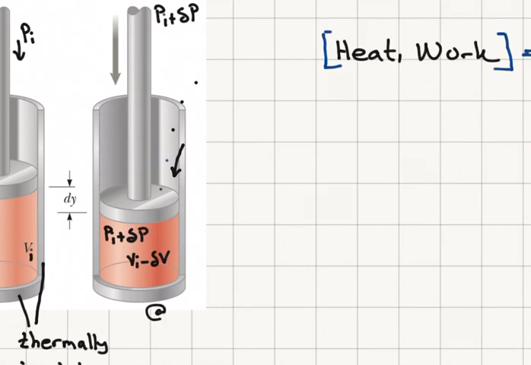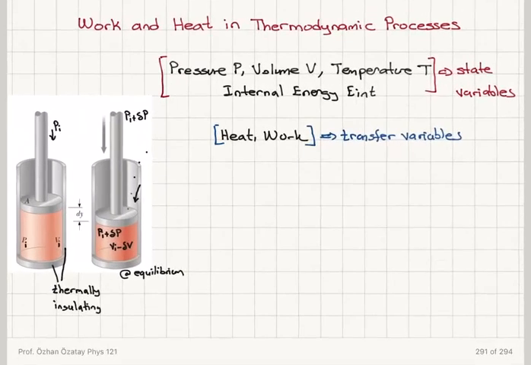So this is at equilibrium at all times. And I will repeat this process until P initial becomes P final and V initial becomes V final, so that the volume and the pressure of the gas will be changed.